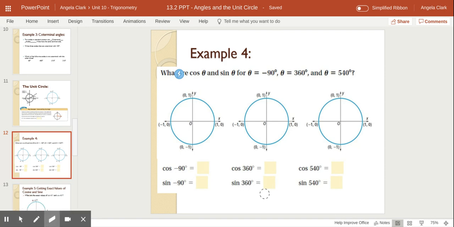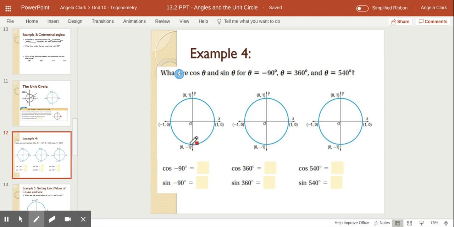So here, we're asked for the sine and cosines of different quadrantal angles, and we are going to use our unit circle to find those. So negative 90, right, we're going this direction. So negative 90 is here.